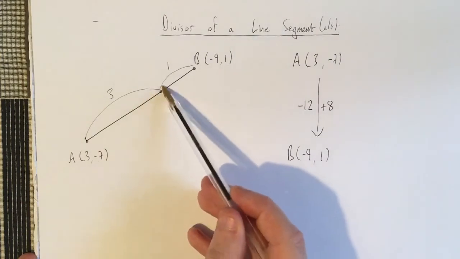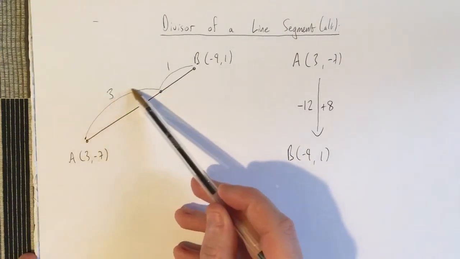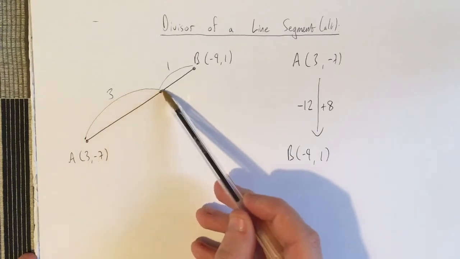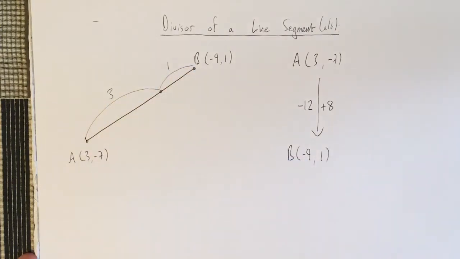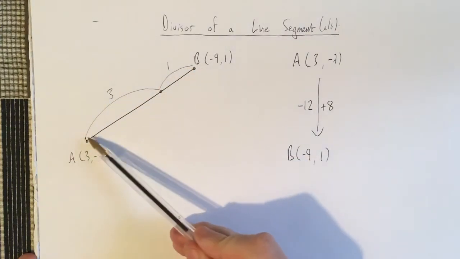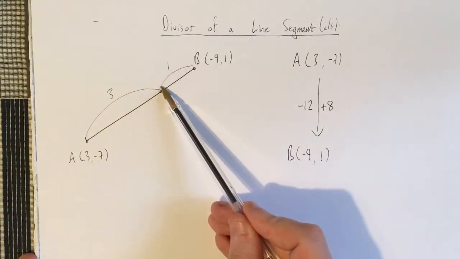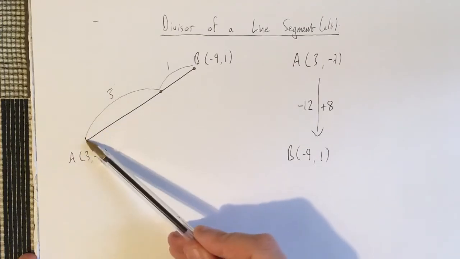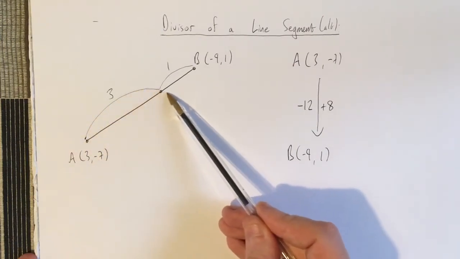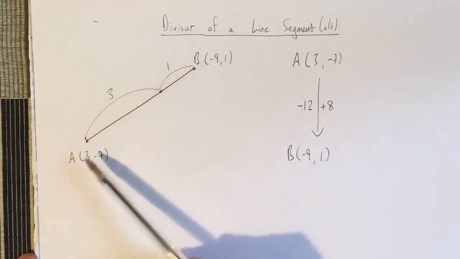You're looking for the point which is 3/4 of the way along that line segment. Okay, so it's divided up into 4 sections, 3 of them here, 1 of them here. You are looking for the point which is 3/4 of the way to B from A.